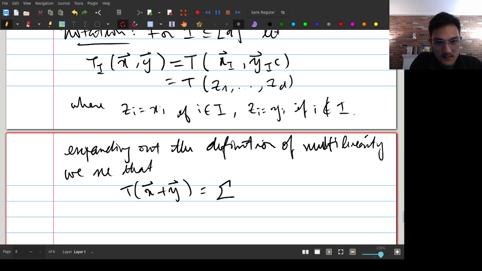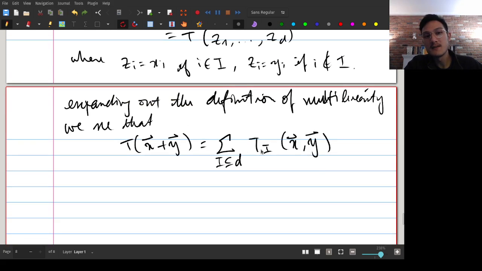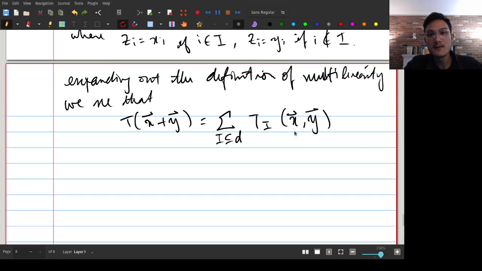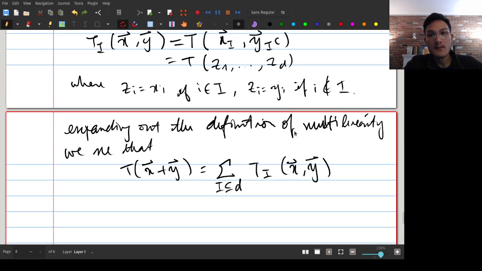So it's actually this sum over I subset of D of T_I of X, Y, because we need every single possibility of whether you pick X or you pick Y in a certain variable. Okay, so it's going to come in handy later.